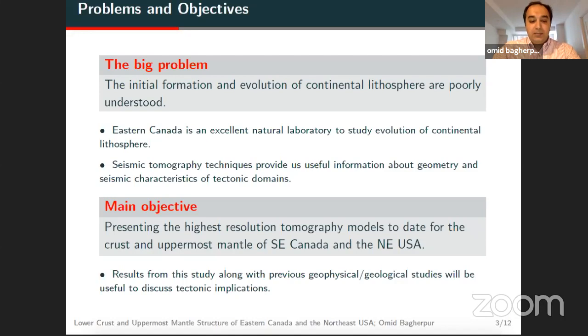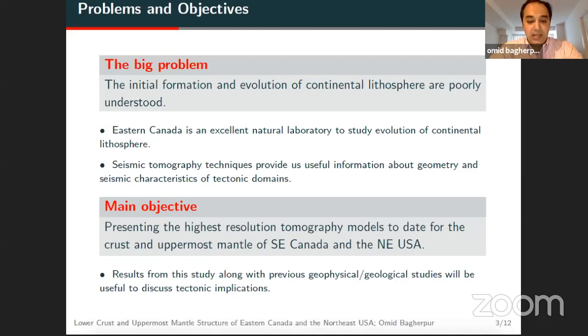The big problem in my research domain is that as much as we are knowledgeable about the initial formation and evolution of oceanic lithosphere, we know little about continental lithosphere. This is because continental lithosphere is much more complex and has many more years of tectonic history.